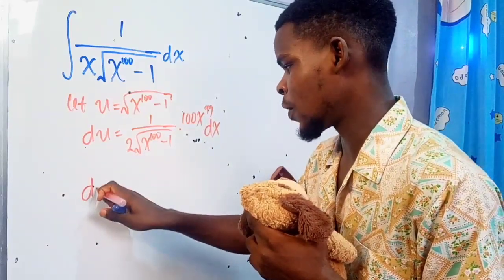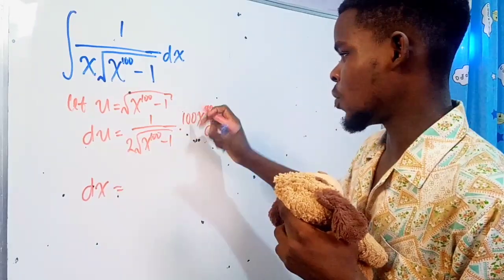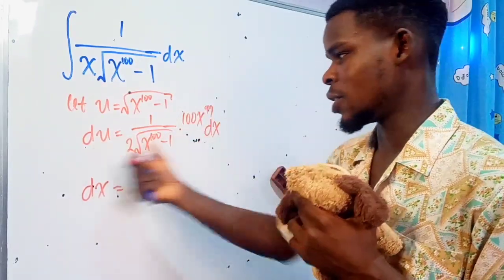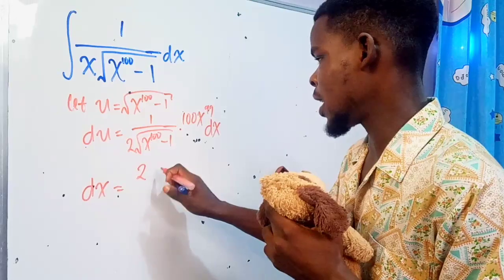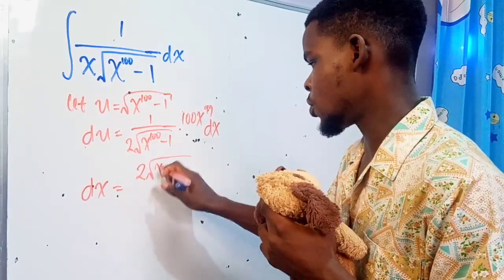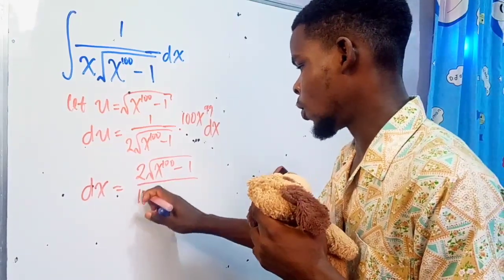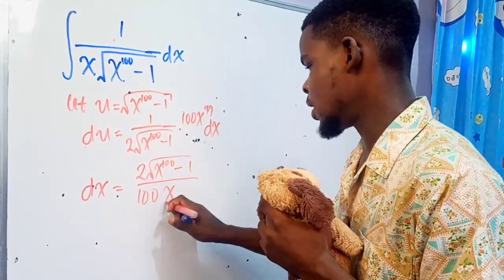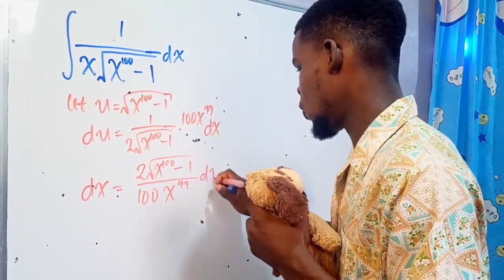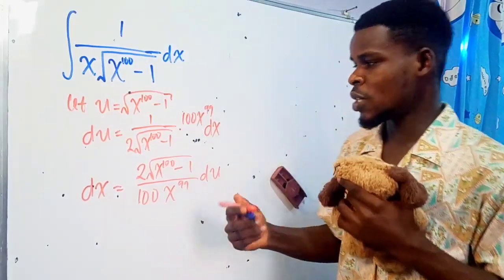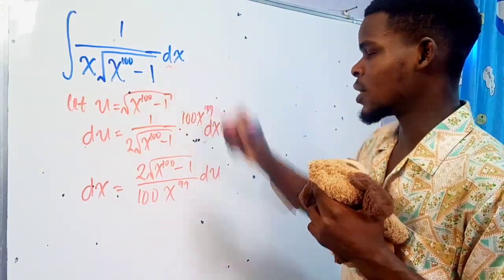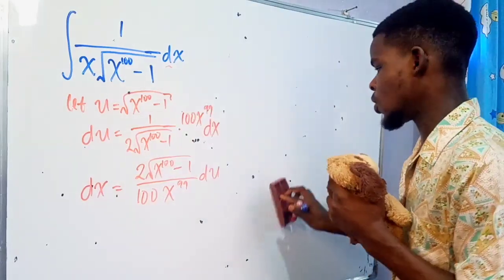That will mean we're going to have dx equal to 2 times the square root of x raised to the power of 100 minus 1, divided by 100 times x raised to the power of 99, then we put the du over here. Why we're doing that is because we want to get a replacement for dx and some other terms. So let's see what we have.